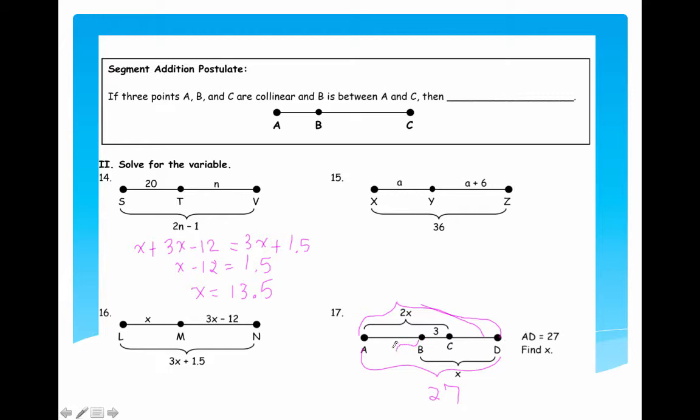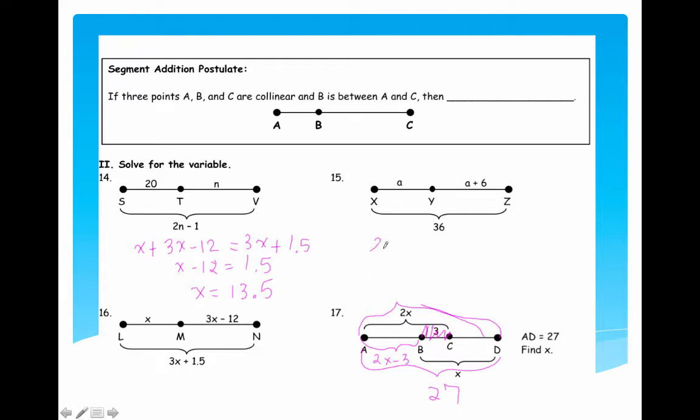So one thing I can know is this little one here is 2x minus 3, because this one plus 3 gives 2x. So this is the 2x, take away the 3, chopping off 3. So 2x minus 3.